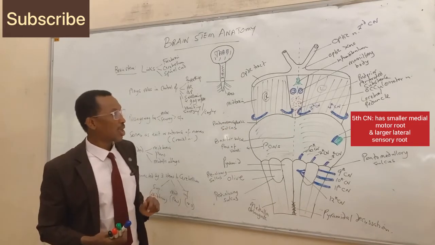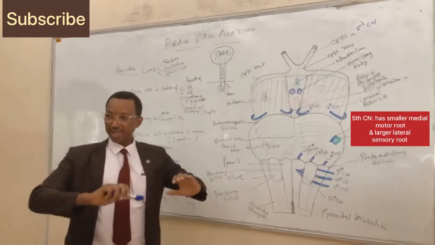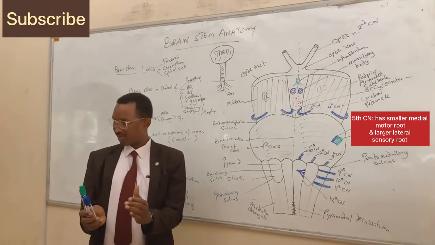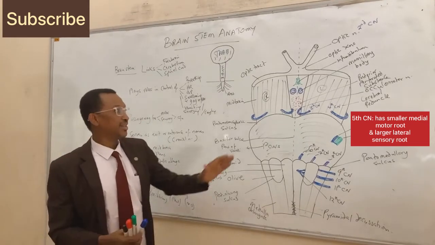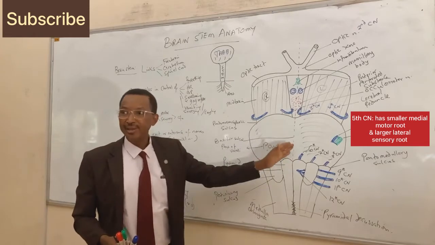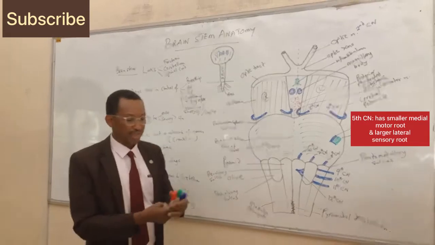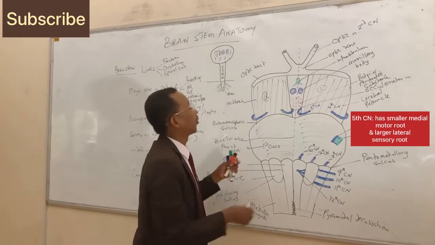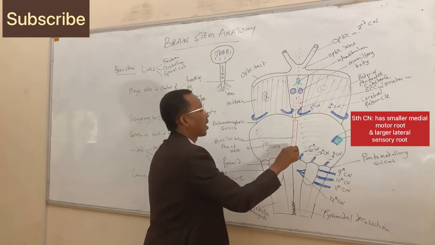Are you clear? So when we come to the pons, it is a little bit convex. You get it? It is convex anteriorly like that, and in the midline it has a groove, which we call the pontine sulcus or basilar sulcus, because it houses one very important artery here. This artery is known as the basilar artery.